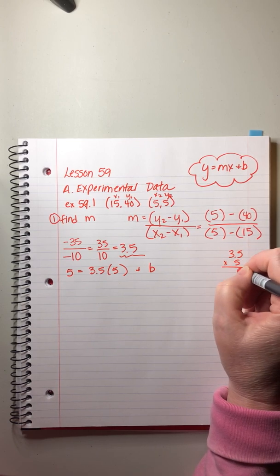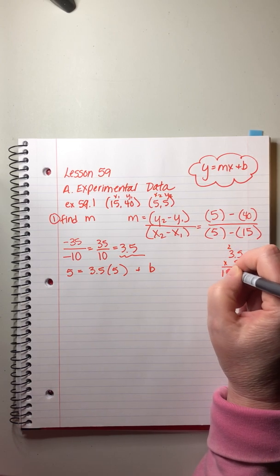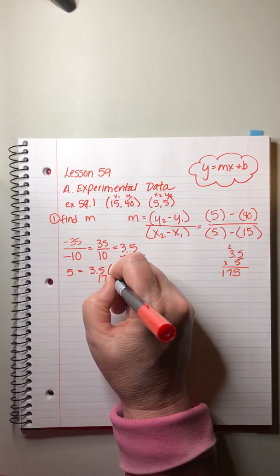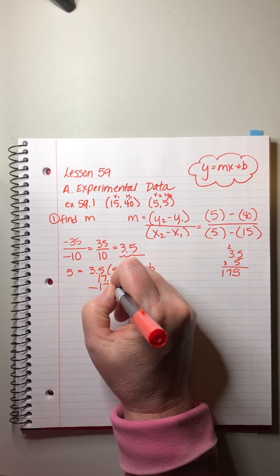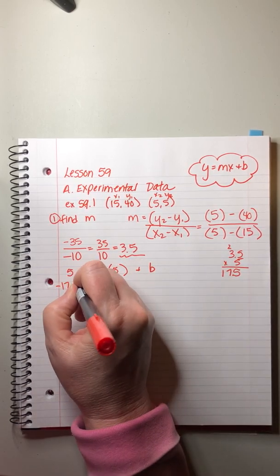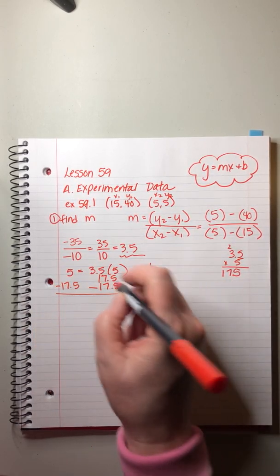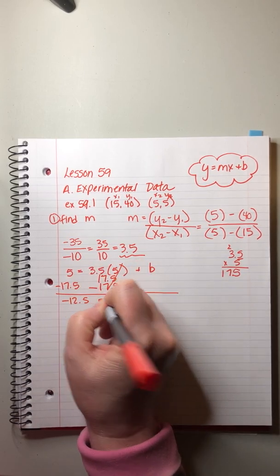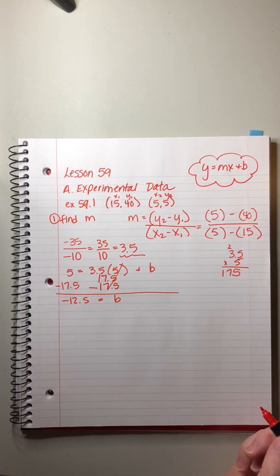Let's do that one. That's 25, 2, 17, 1 decimal place. So this is 17.5. I'm going to subtract 17.5 from both sides. This is all the same as we've done before. That's all gone. This becomes what? Minus 12.5 equals b. Okay, so now we know what to do. We just write it in that form.